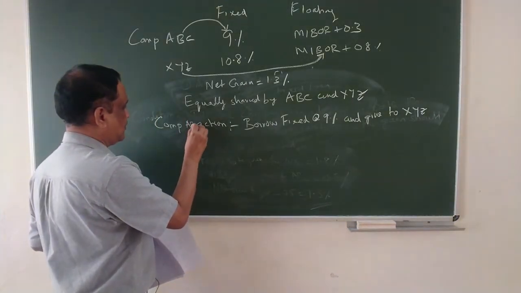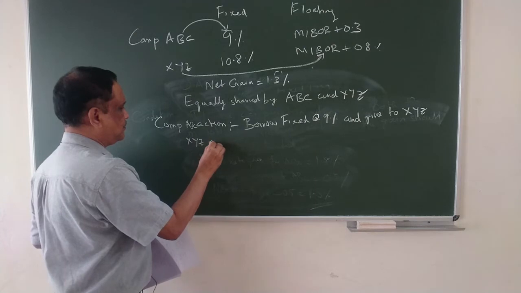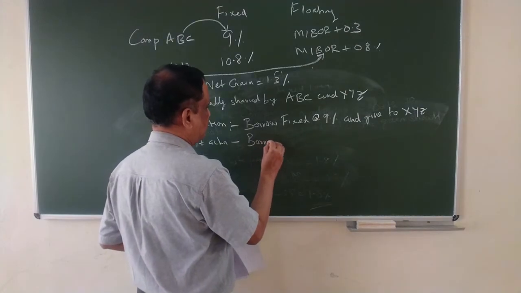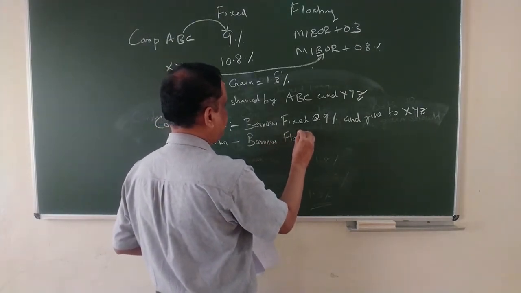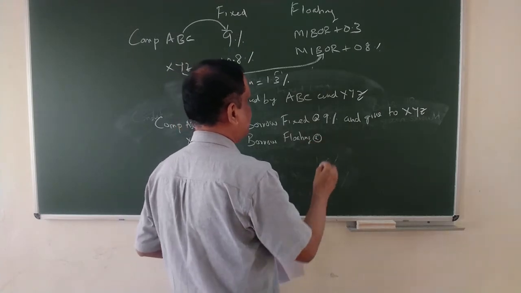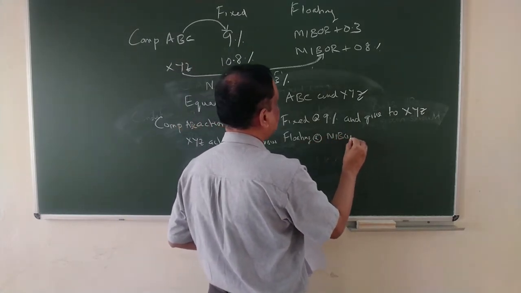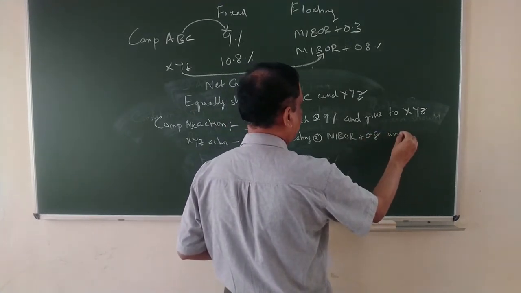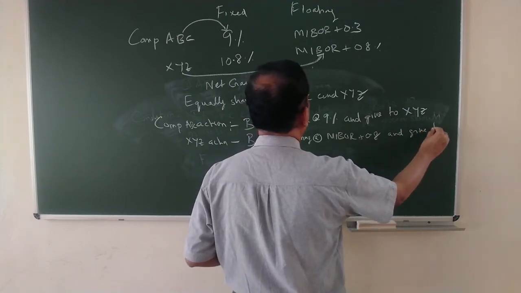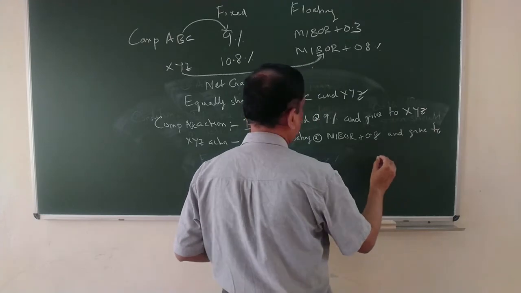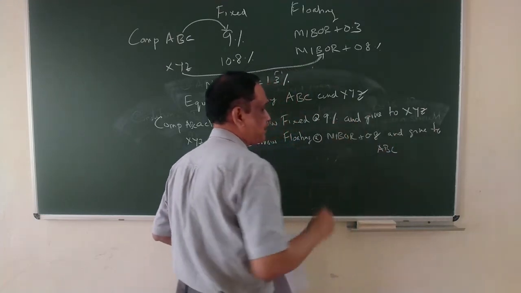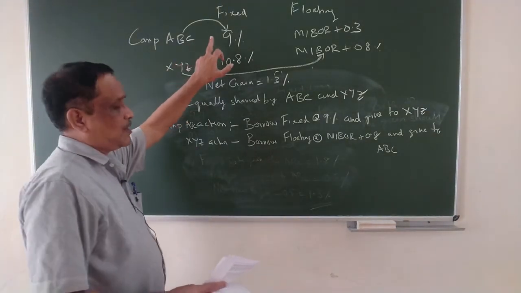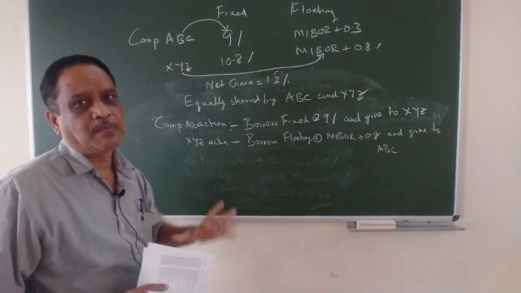Company XYZ action: borrow floating at LIBOR plus 0.8 and give to ABC. Okay. So this is the deal. This company has taken loan from here. This company has taken loan from here.